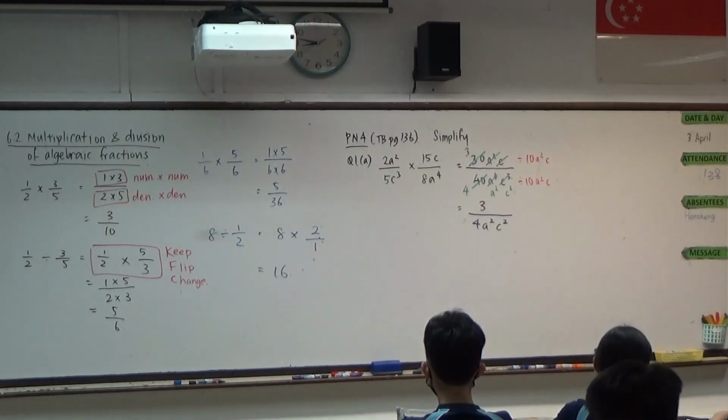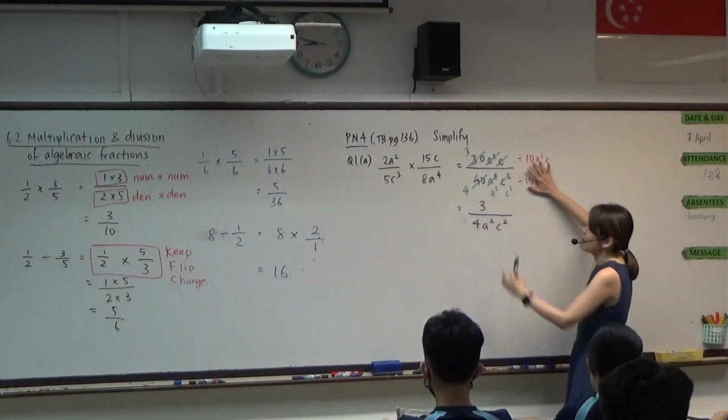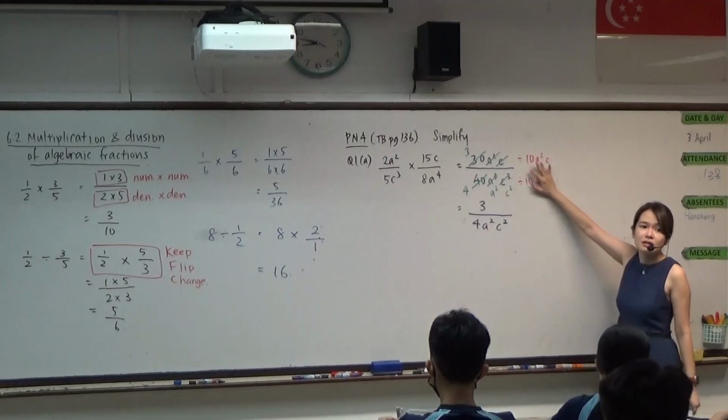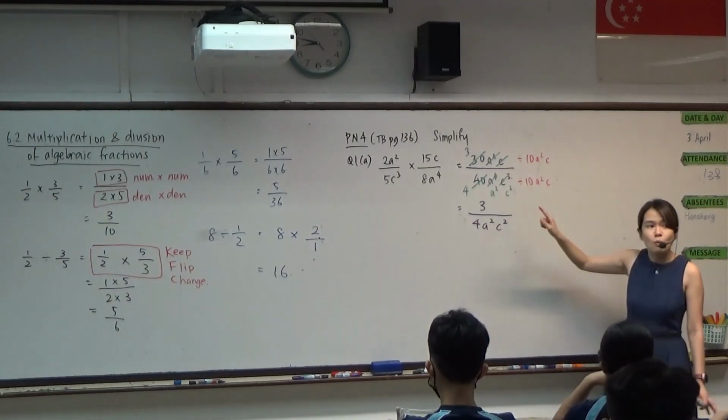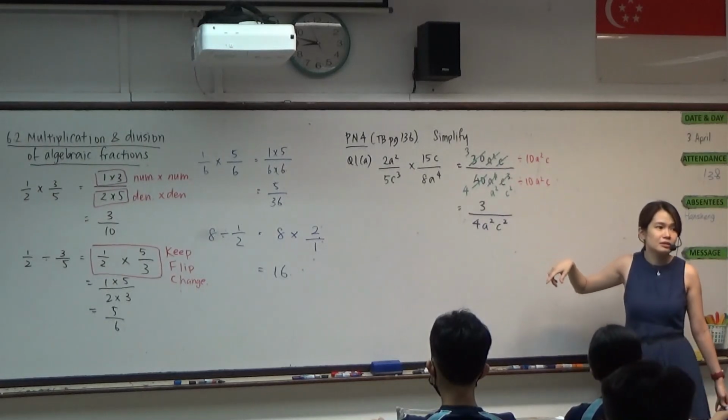I think that is what you may have seen in your textbook or some other books that you may read. But do you agree that how I write it over here is messy? Because I cancel a lot of things. What if my a doesn't need to cancel?